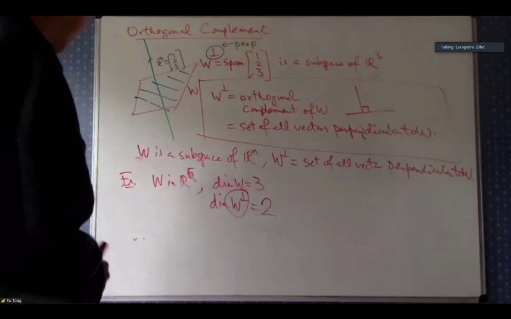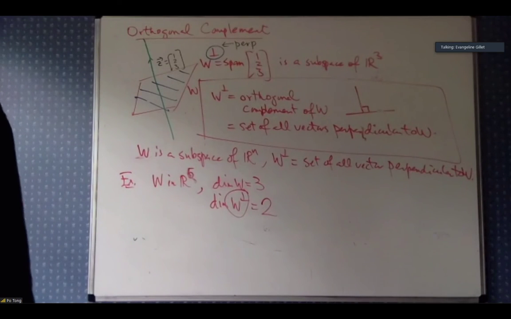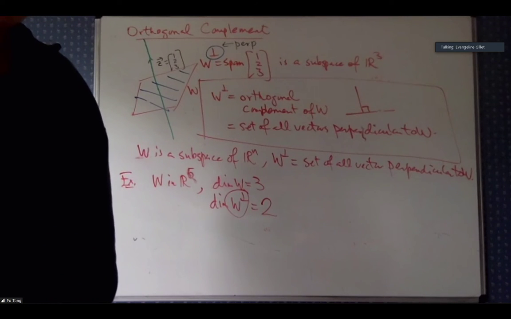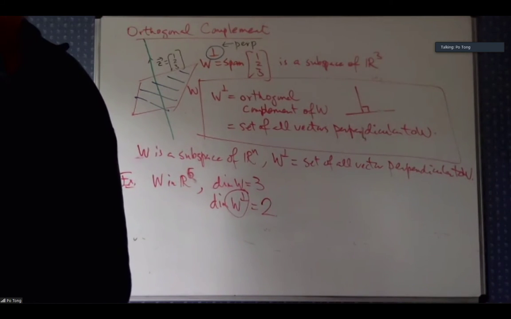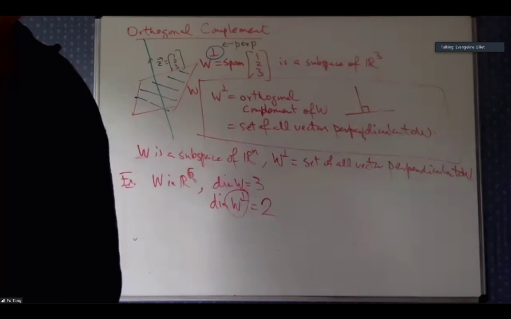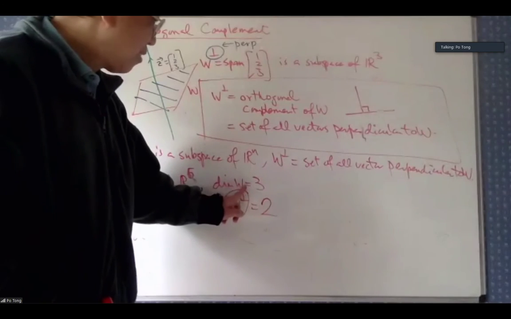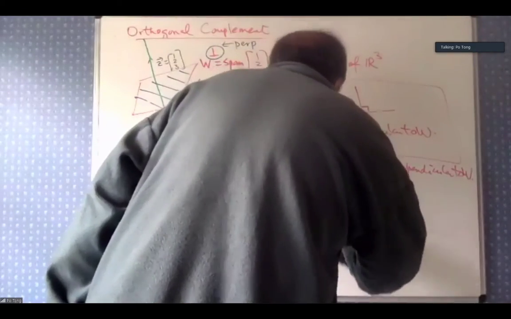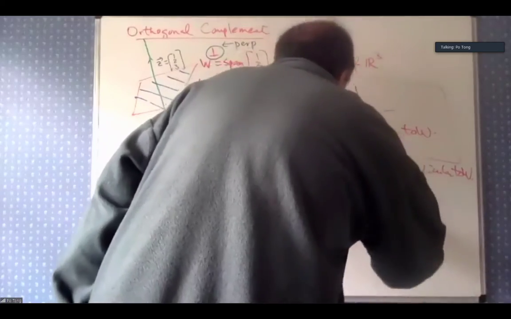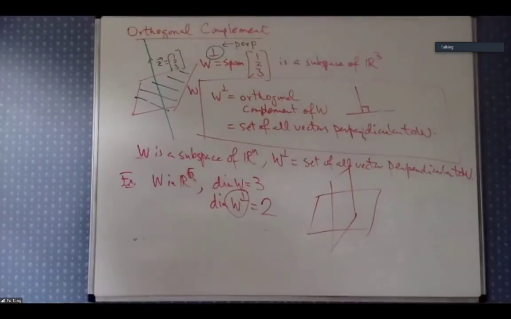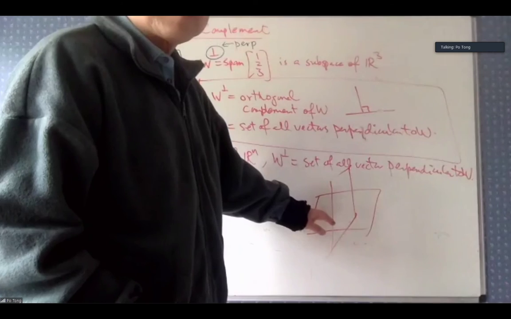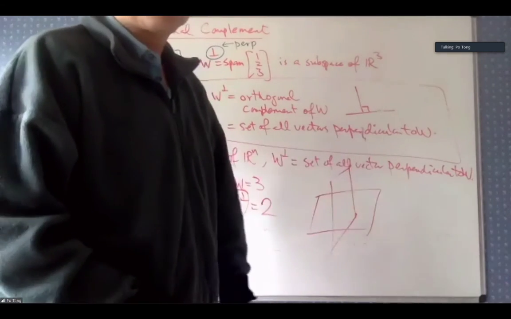Yeah, I'm confused on what that would look like. A 2-dimensional plane perpendicular to a 3-dimensional object. Yeah, it's difficult to imagine in 5-dimensional space. So if you really want to draw it, it's something like this, except one of these is actually 3-dimensional. It's not possible to draw it.